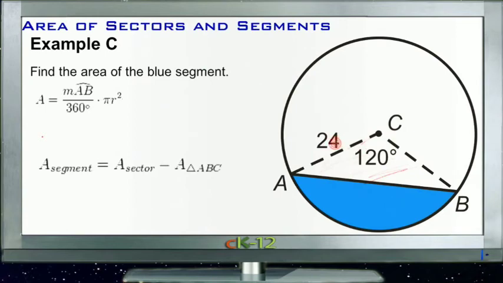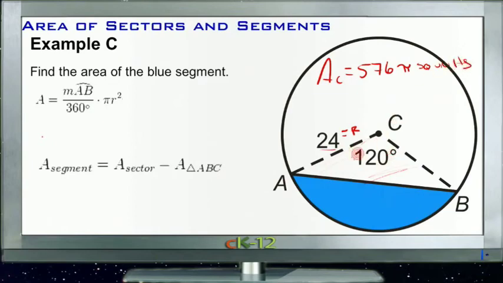The area of the circle is going to be 24 squared pi units, right? Because it's pi r squared. 24 is our radius. So the area of the circle, 24 squared, 24 times 24 is 576. So the area of the whole circle is going to be 576 pi square units.